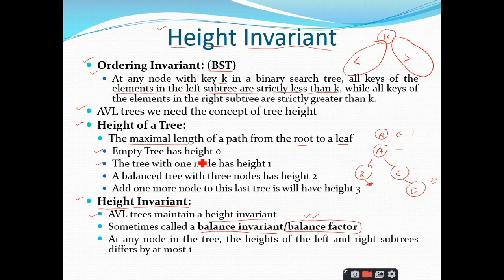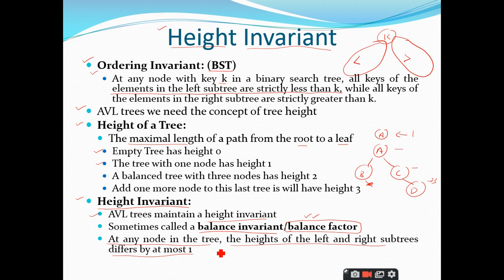We will see the formula of this balance factor in the next slide, but for the present discussion, the balance factor means the heights of the left and right subtrees differ at most by 1, and this property should be satisfied by all the nodes in the tree. Not only one node, you have to check the balance factor for each and every node present in the binary search tree.